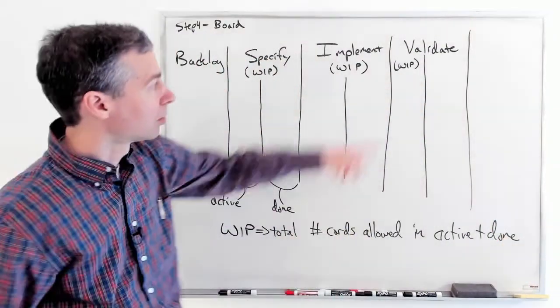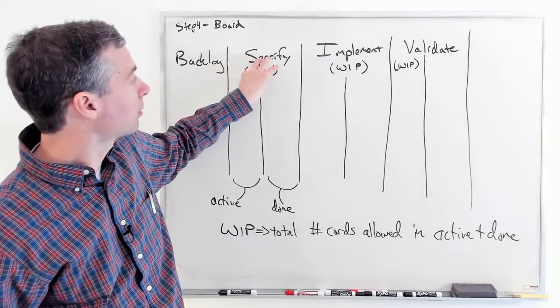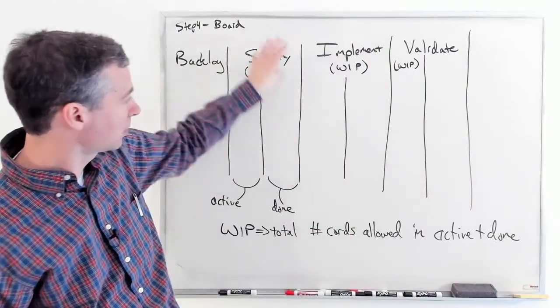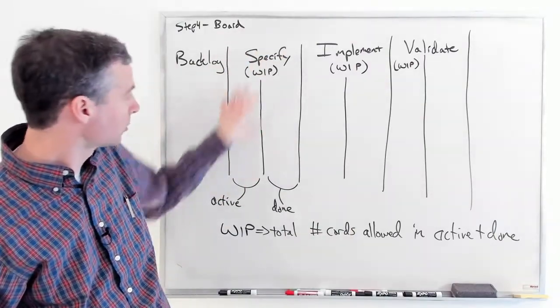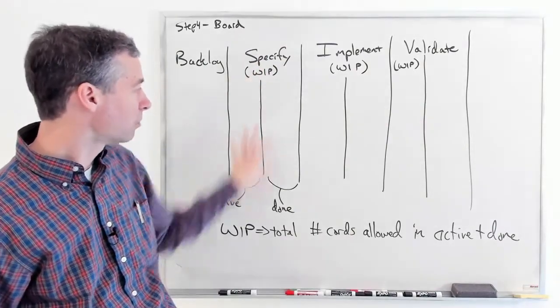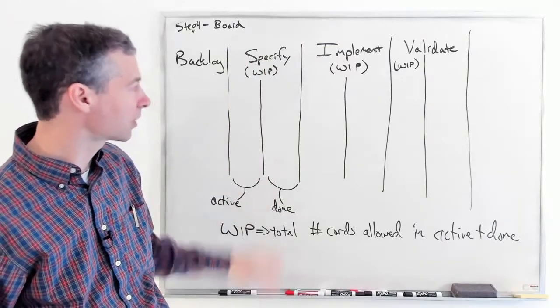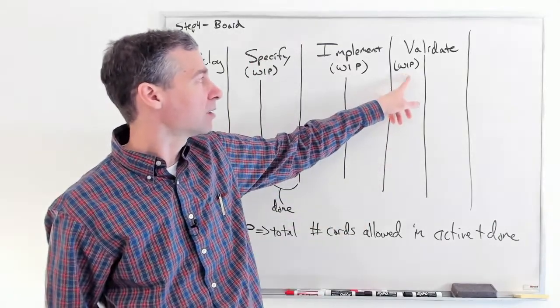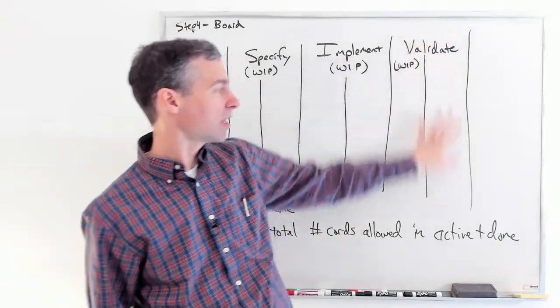That's why work in progress straddles both the active and the done column, because we're not going to allow more than whatever the work in progress limit is in the total of both columns.